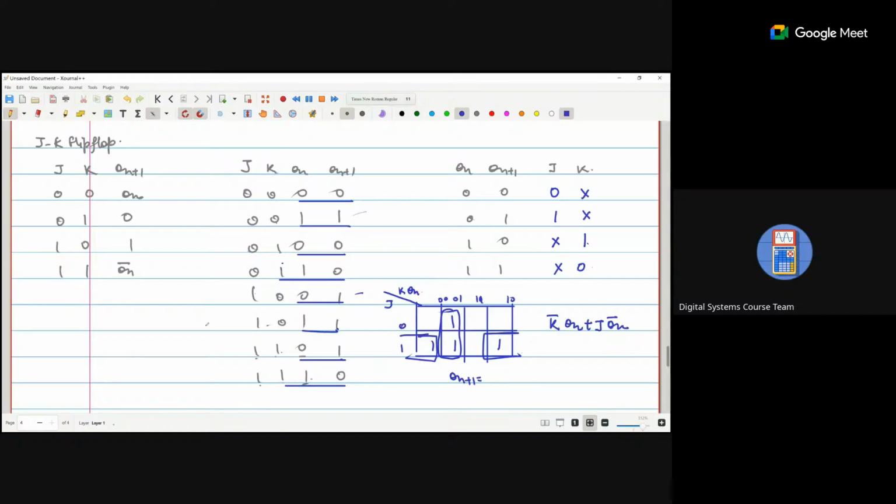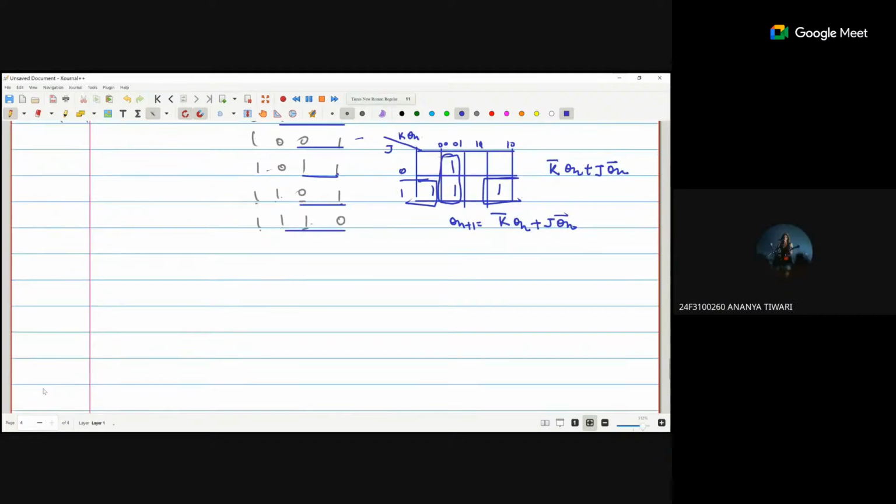So Qn plus 1 is K bar Qn plus J Qn bar. Okay, sir. Similarly, in a similar scenario, we can draw the tables for the D and T flip flop and write down the equation also. Okay, sir.